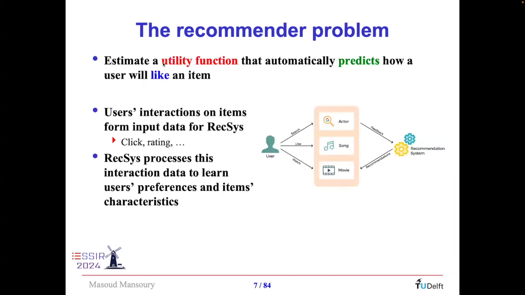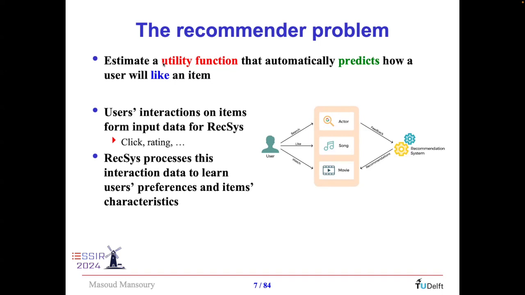The basic problem in recommender systems is estimating a utility function that automatically predicts the preferences of the users, the items that the user might like. The user's interaction with the system forms the input, in various forms like clicks, ratings, or browsing of the platform.